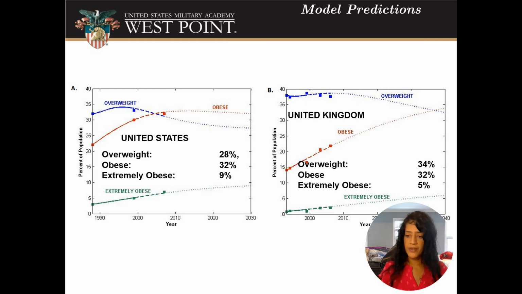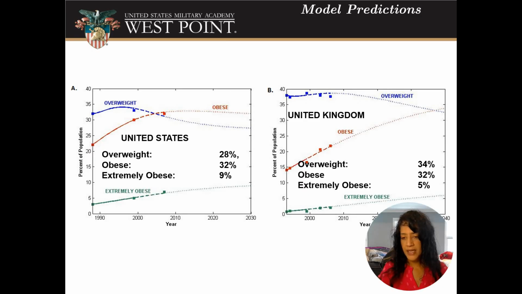Differential equations yield entire curves as their solution. And so once you fit the parameters, and these parameters are fit using a shooting method from N. Haynes, you can forecast 2030, that's as far as we went back then, and get these predictions of class 1, 2, and 3 obesity.